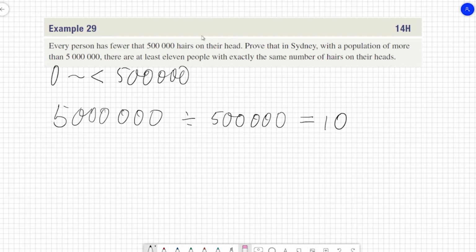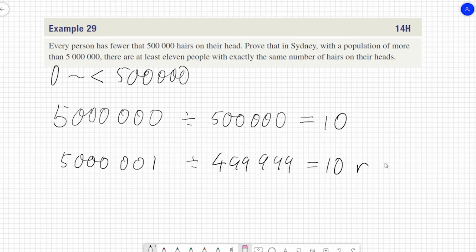But here, fortunately, what we have is less than 500,000 strands of hair and more than 5 million population. So we have a population of more than 5 million, and the number of strands of hair is less than 500,000. Then we have 10, remainder 11.